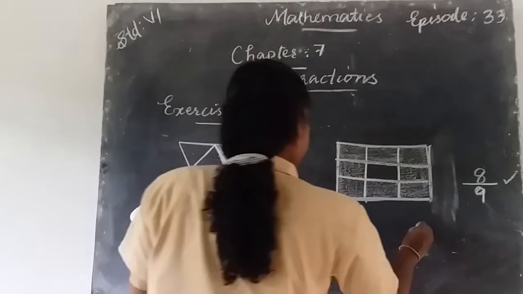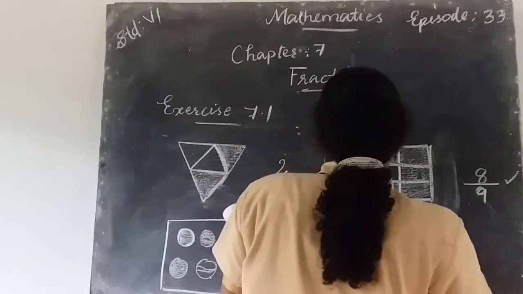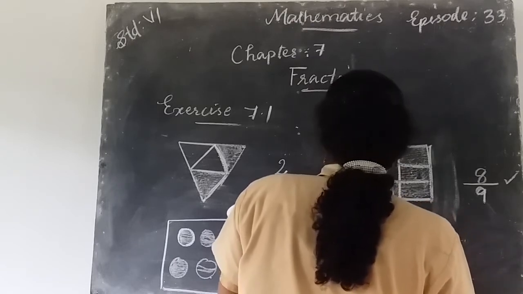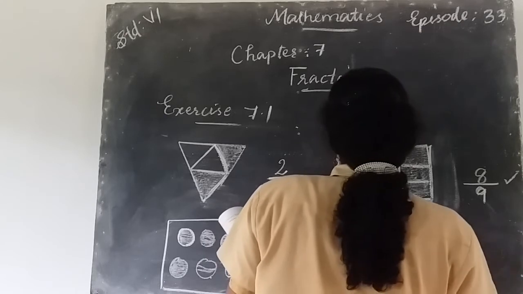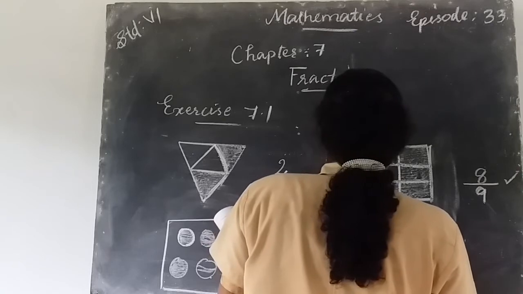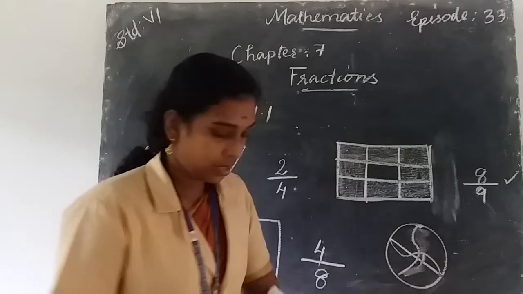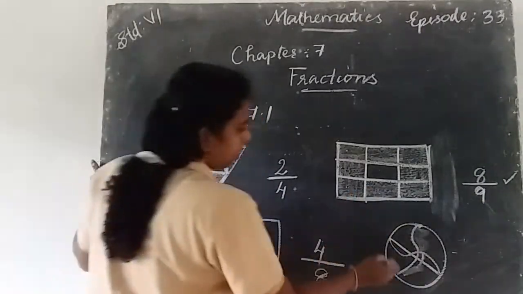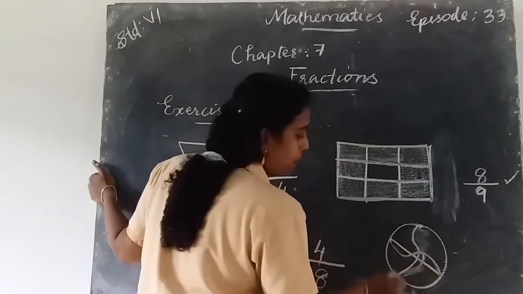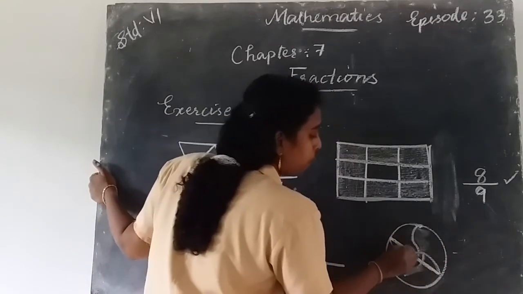The next figure is a circle. Here we can see that the figure is divided into two parts, but this is not an equal part. The figure is equally divided into parts like this.